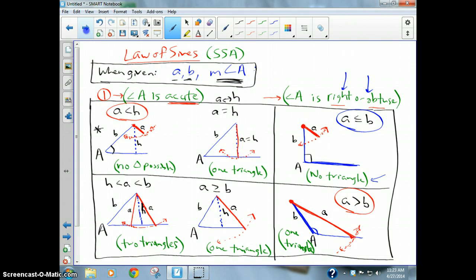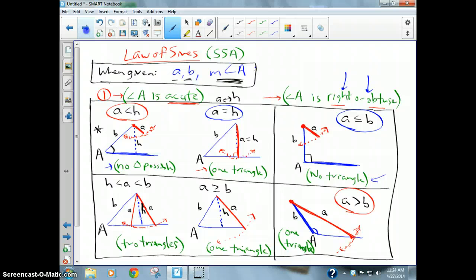It's still hinged right there, and obviously it will never touch the bottom side of the triangle, the blue line. Therefore, no triangle is possible in this situation. What if A equals H? Well, in that case, side A is the exact same length as H. Therefore, it will touch and make a right angle right there. Therefore, one triangle is possible.